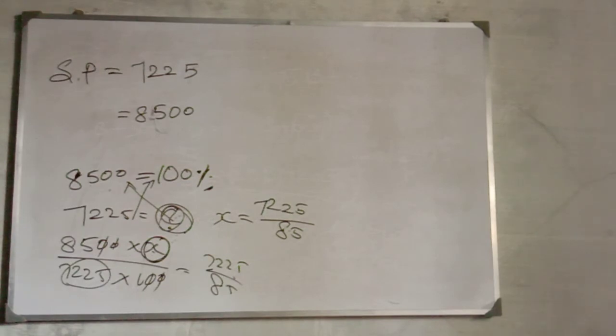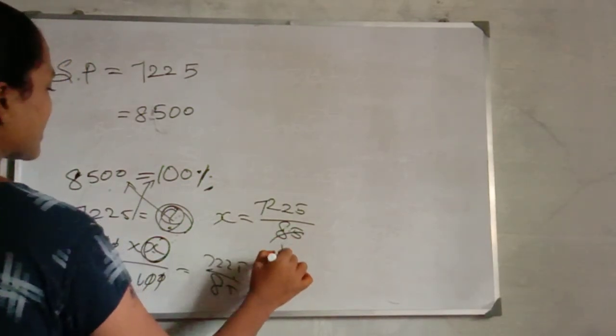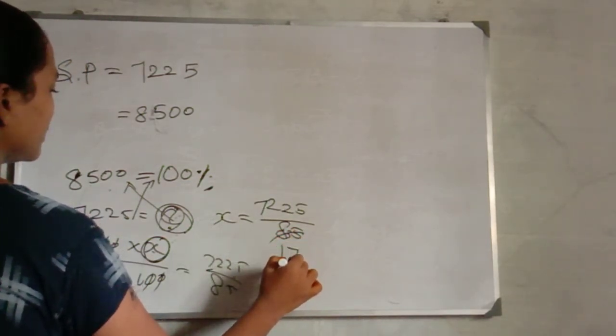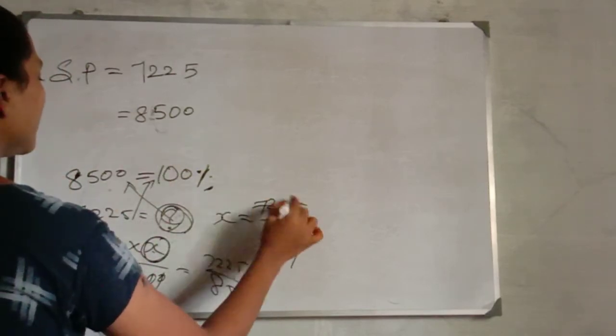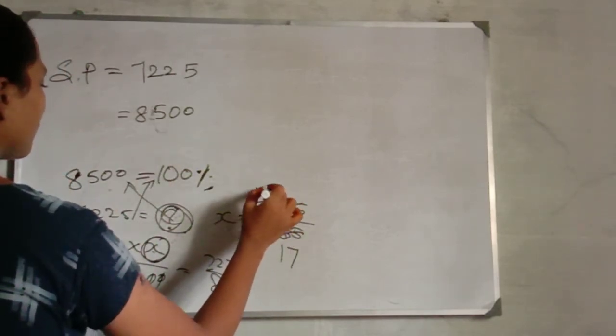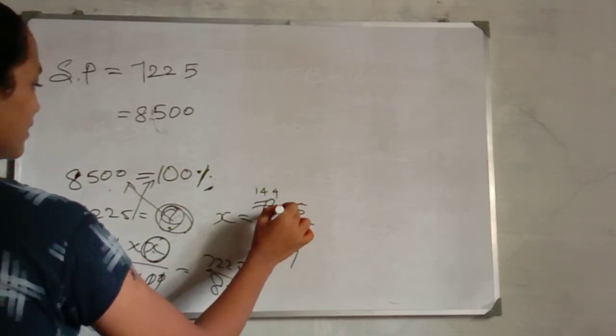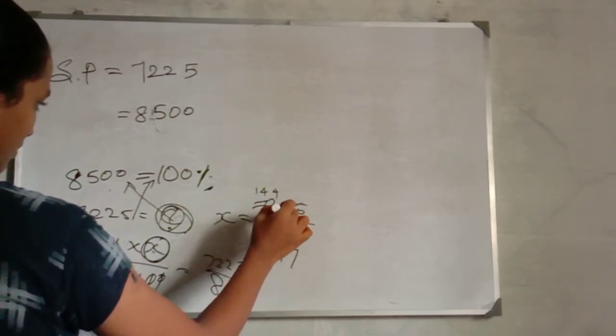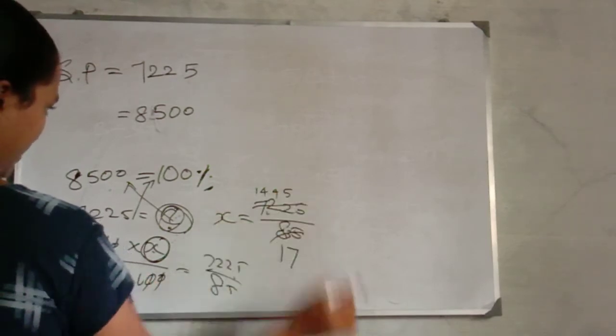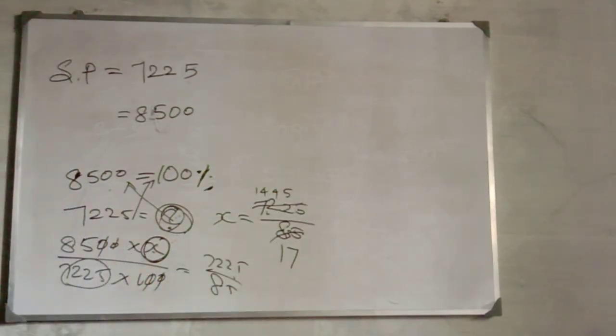Now we simplify. 1 5 is 5, remaining 3. 7 5s are 35. 4 5s are 20, remaining 2. 5 5s are 15.